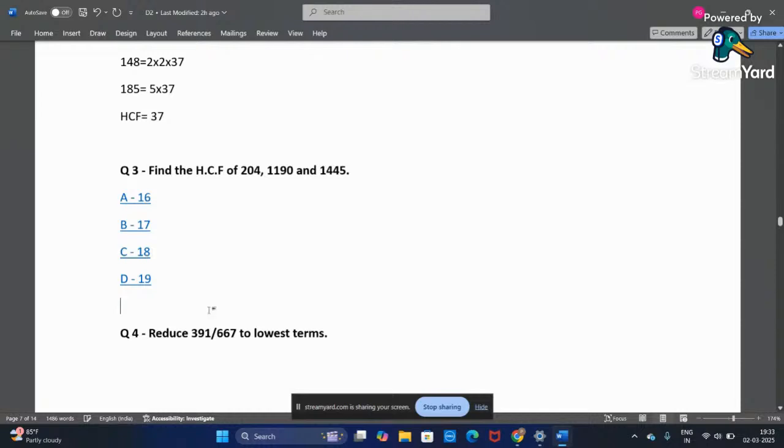Find the answer for this. Make it fast. Find the answer for the third one.